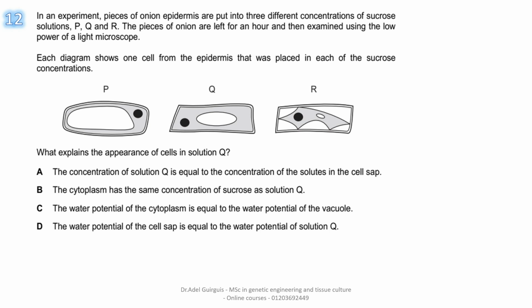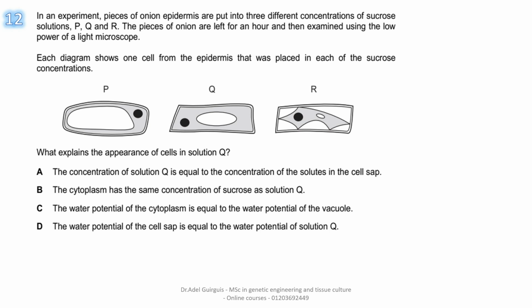This statement is incorrect, because when we deal with net movement of water, we deal with water potential. We state that water potential is the tendency of water movement from high water potential to low water potential. But when we deal with concentration of solute, it's misleading to express the term osmosis.